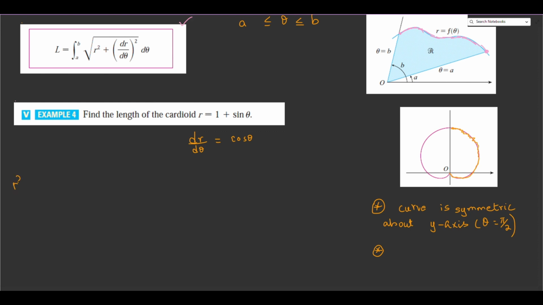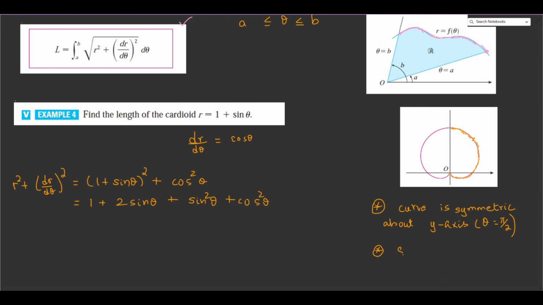So let's simplify r squared plus (dr by d theta) squared. It gives us (1 plus sine theta) squared plus cosine squared theta. Expanding the first expression, it gives 1 plus 2 sine theta plus sine squared theta, plus cosine squared theta.